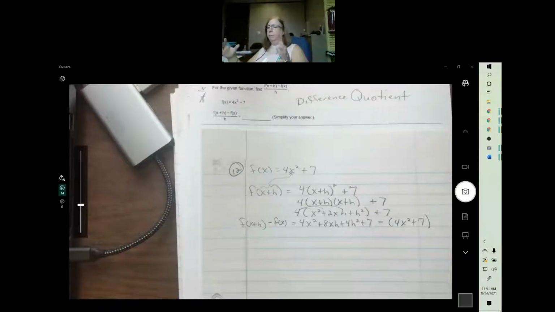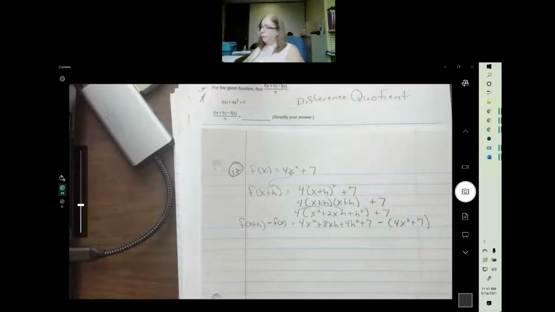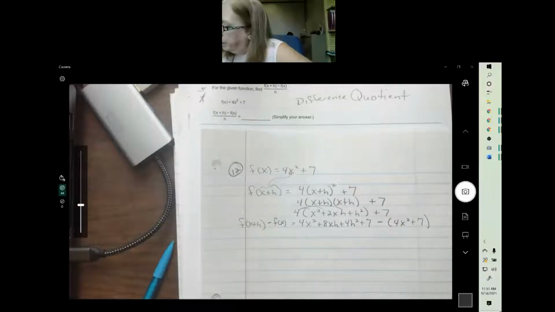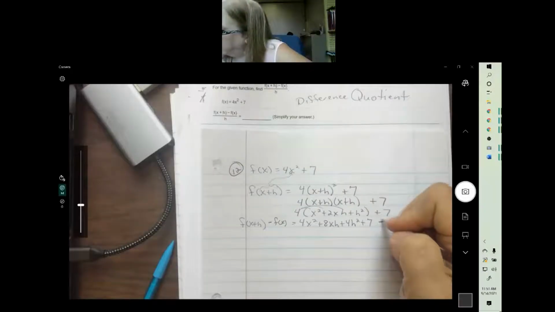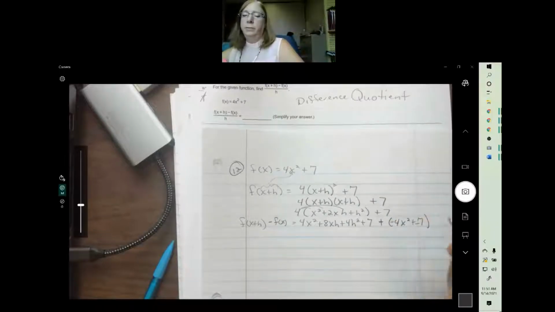Now, a couple things work out nice here. That quantity, the f of x we're subtracting here, those should all cancel. The reason they're not canceling right now is because we didn't distribute the negative. So you want to make this a plus, and it will change the signs after it. Whatever sign they were, it'll be the opposite.